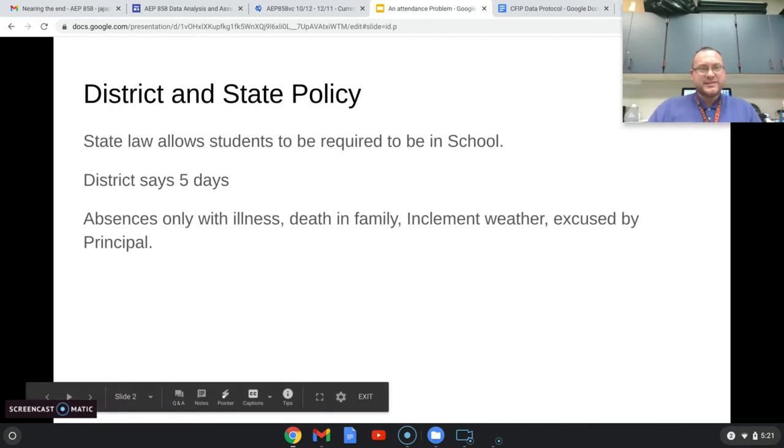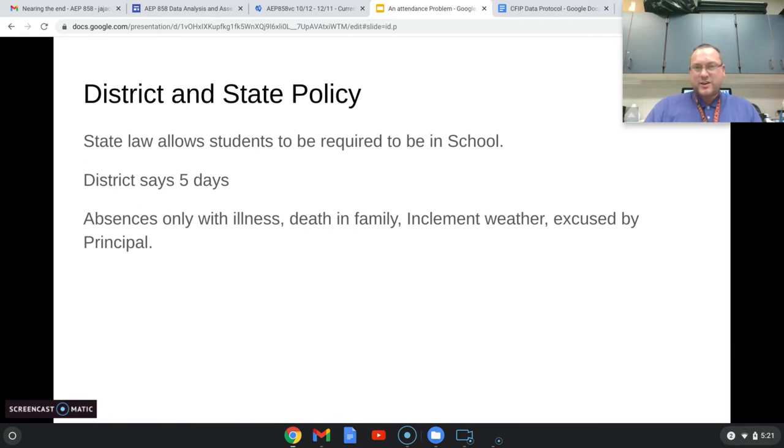The district and state policies state that you have to be in school a vast majority of the time. The district says you are allowed 5 unexcused absences, and after that point, you are truant.